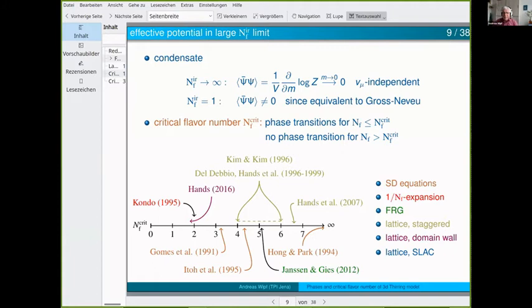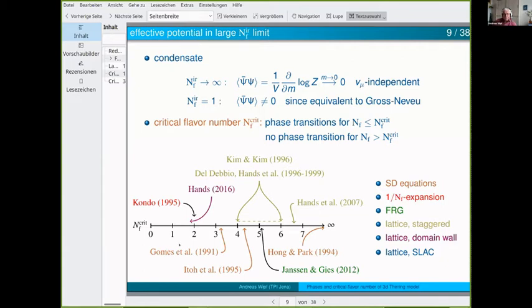And there have been many works in the past. This diagram shows the situation up to 3 or 4 years ago. You see results from the Schwinger-Dyson approach, from the 1/NF expansion, the functional renormalization group in green, lattice with staggered fermions, and the first attempts on the lattice with domain wall fermions, actually by Simon.